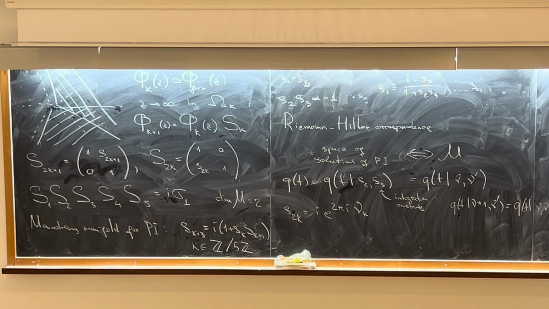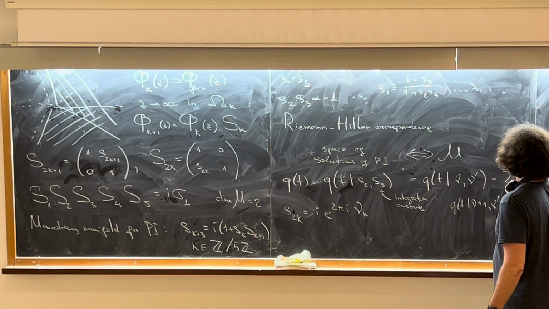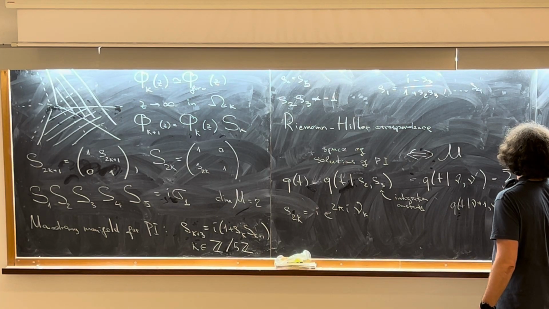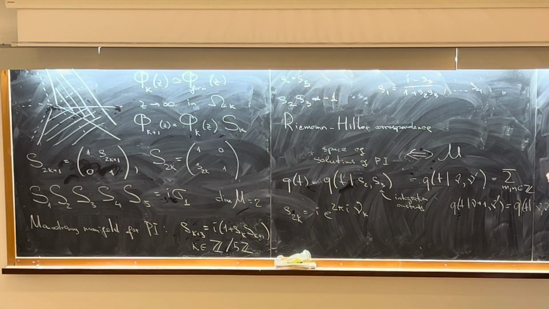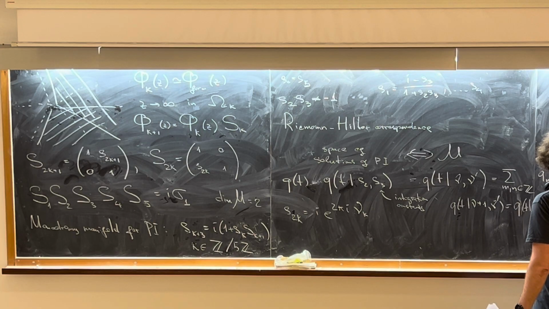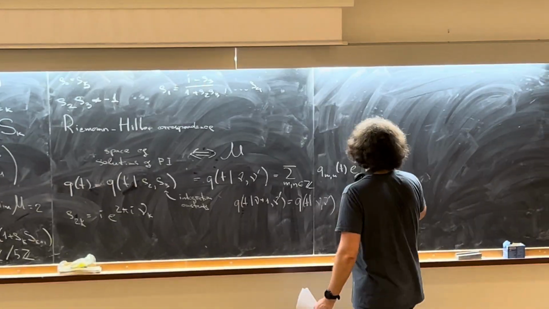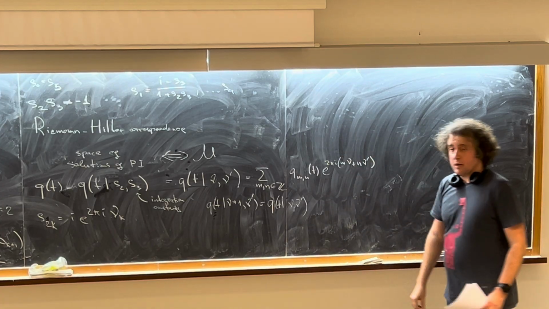Okay, so now what about the tau function? When we have this periodicity for Q, in principle you can immediately write the Fourier expansion of this function in these variables. So I introduce this QMN of t exponential 2 pi I m nu plus n nu prime.